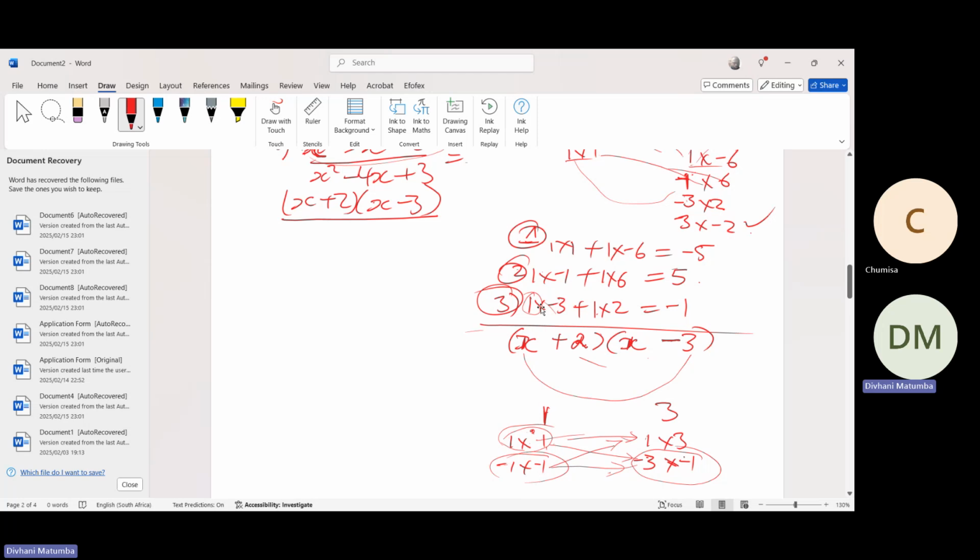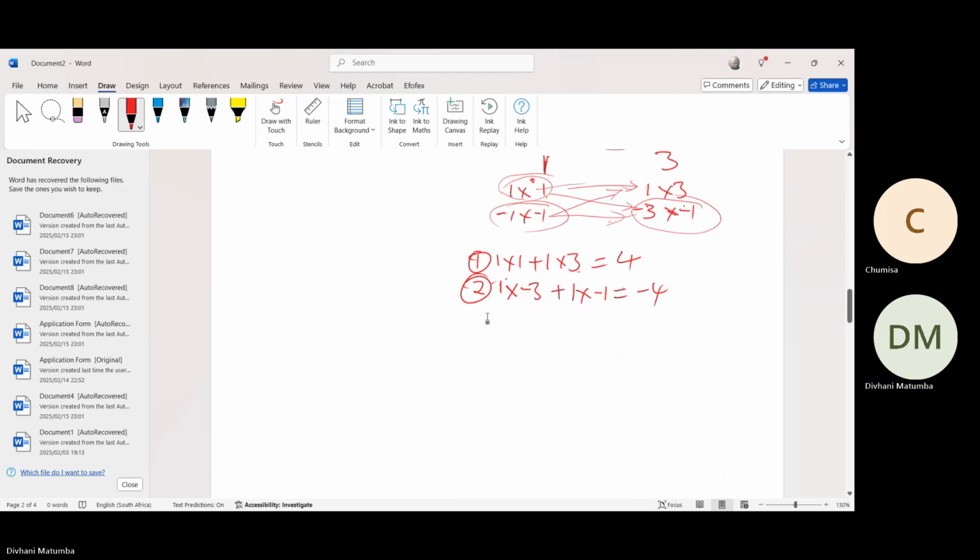Are we sorted yet? Yes, sir. Okay, perfect. So factors, we're going to have 1 times -3, and here we're going to have 1 times -1.